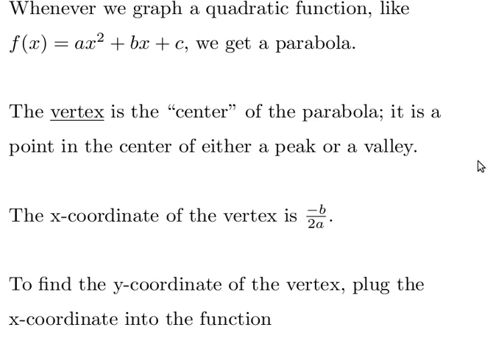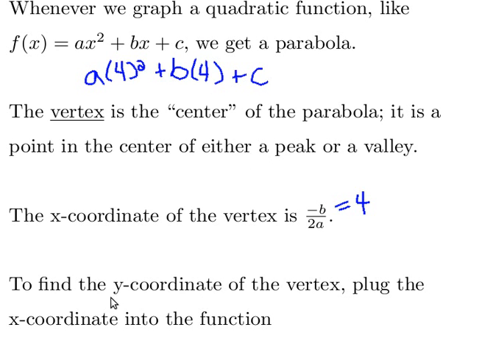So once we find this negative b over 2a, let's say that negative b over 2a equals 4. I have no idea what it is. This is just a random example. That means we would evaluate a times 4 squared plus b times 4 plus c, whatever that turns out to be. And then that will give us the y-coordinate of the vertex, because this equals y.